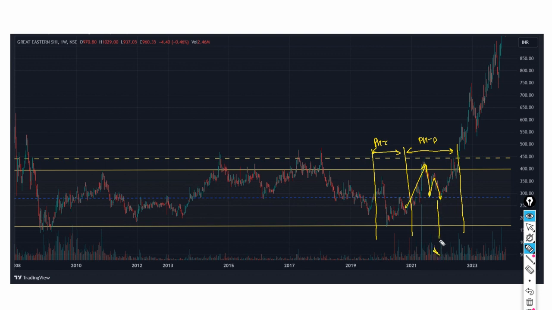You see how whenever we see a reaction, we see the volumes are dropping. This indicates that the test has been successful and the prices are ready to be marked up. Okay, this is called the LPS.